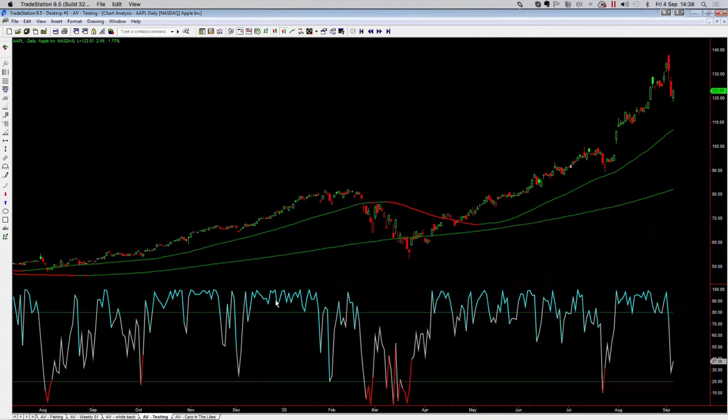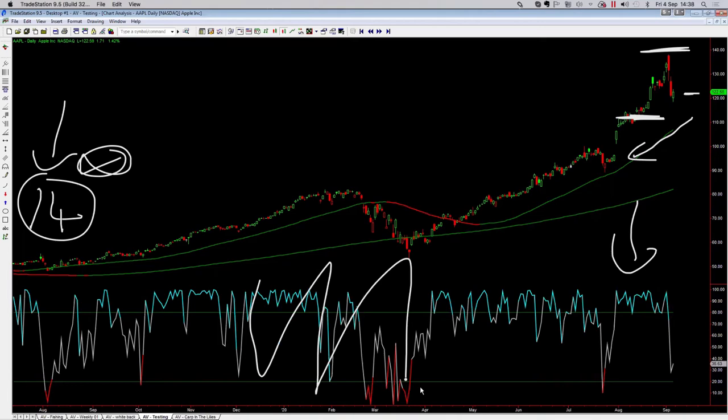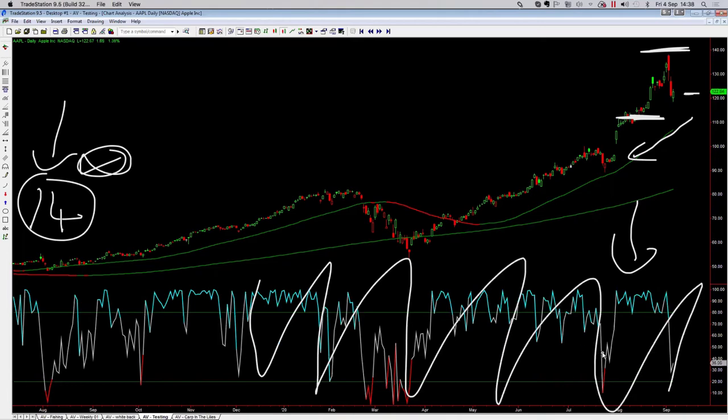So therein lies the first problem. Right now, we've got a 14 period setting, so all we're doing is saying, where's price in relation to that 14 period range? And because we've got a short period setting, a short look back period, it's given us this spider on acid type of experience.